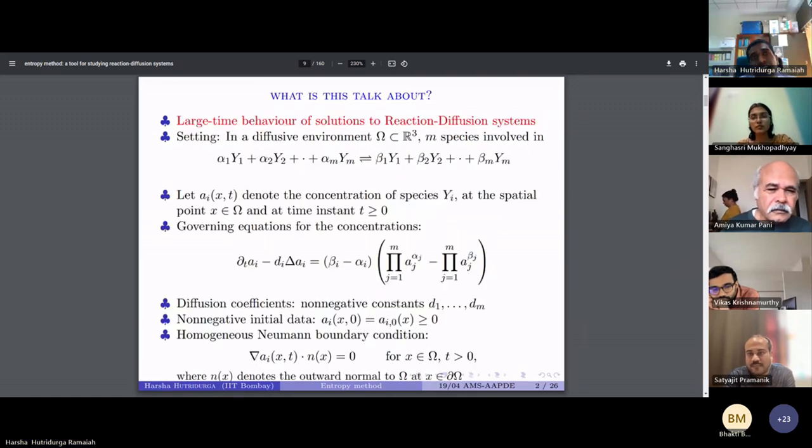But unfortunately, the global in time existence of solutions to these reaction diffusion models is known only for quadratic nonlinearities, or maybe 2 plus epsilon, when the powers are at most 2. That's the problem. The general existence theory for these models is largely open.